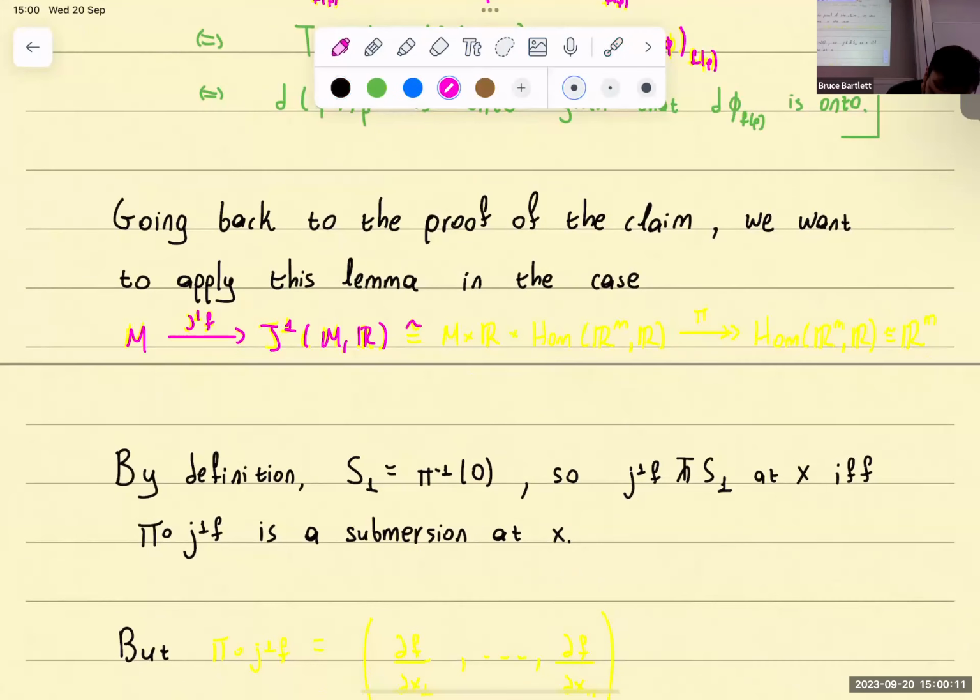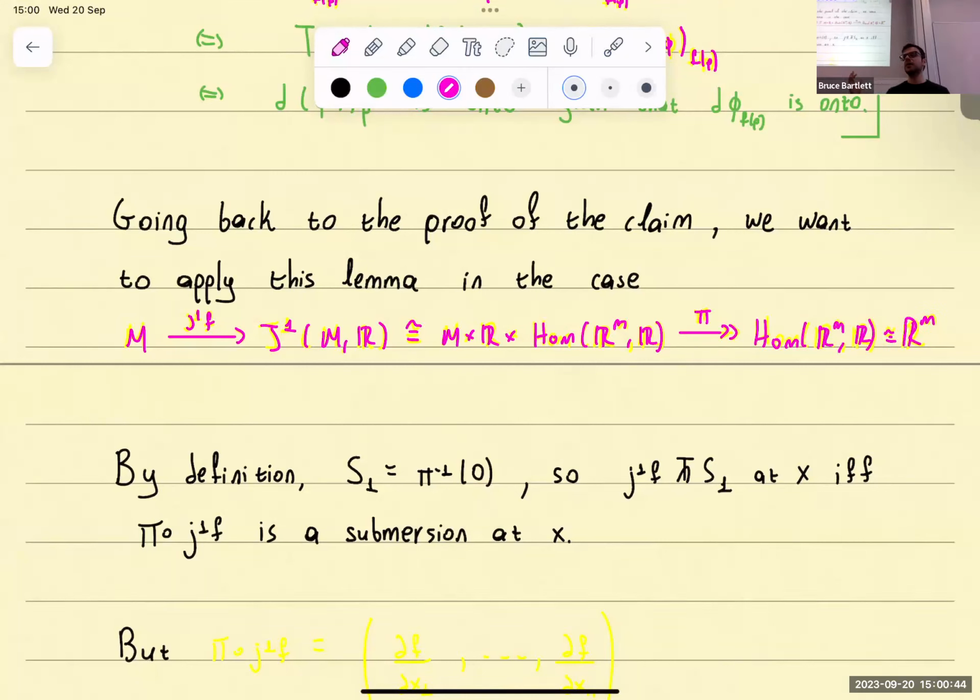Now, this first jet space, we saw that it's basically M cross R cross the space of linear maps from Rm to R. That's just an identification. So now I get a projection map, which is in particular a submersion, to the space of all linear maps from Rm to R, which I can identify with Rm. So this is the sequence of maps, J1f and pi, that I want to apply the previous lemma to.